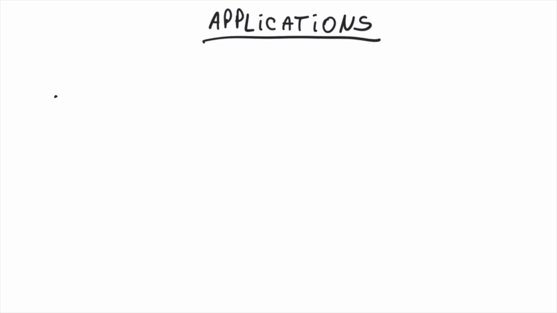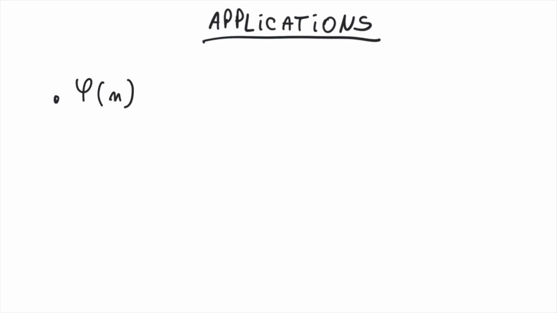So what can we do when we can factorize a number and we can compute its divisors? As a first example, let's say you have to compute Euler's totient function phi of n.